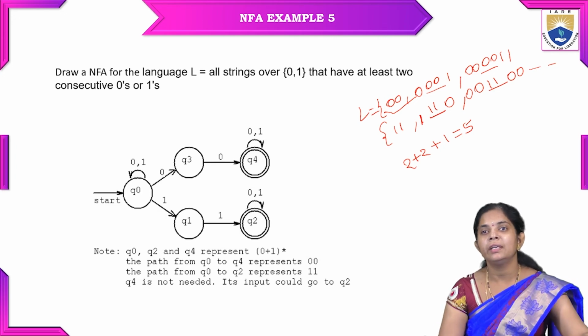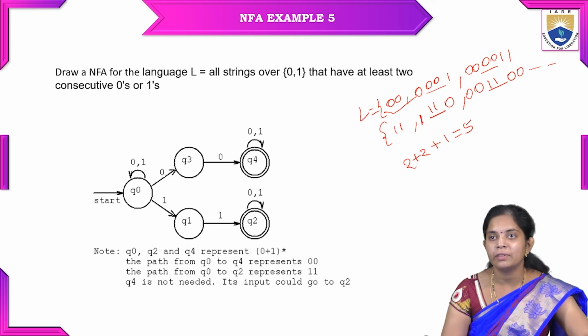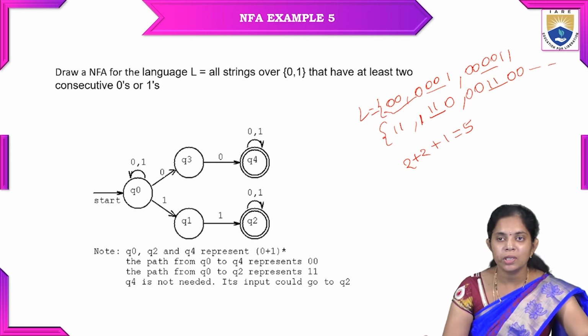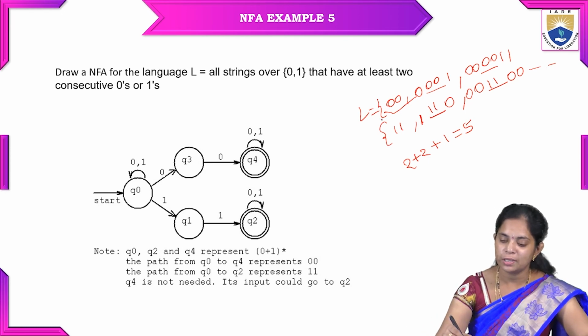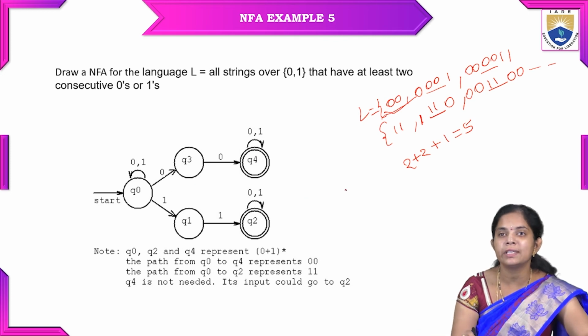So here is how to construct an NFA for consecutive zeros or ones. Q0 is the starting state, and from the combinations, 0 should be satisfied and 1 should be satisfied. In this entire NFA construction we have two final states, Q4 and Q2.